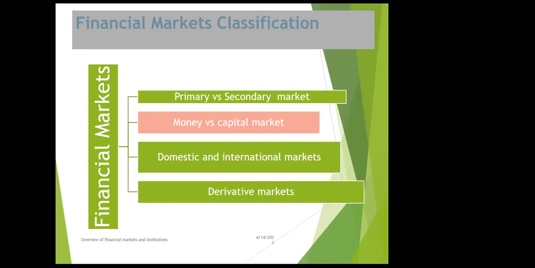So as we look at money and capital markets, we'll also sink into the domestic and international markets. As I earlier stated, the derivative markets is something that we want to touch on.